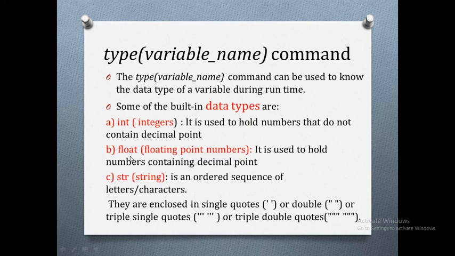Float numbers are used to store the decimal numbers containing decimal points. They are the real values. And str contains an ordered sequence of characters or letters. So whatever is within single quotes, double quotes, and triple quotes is considered a string.